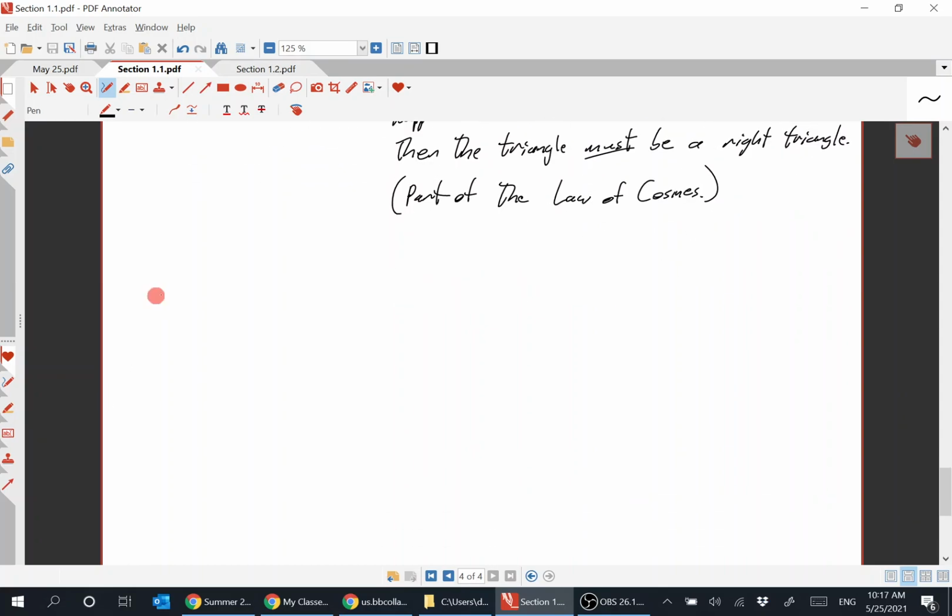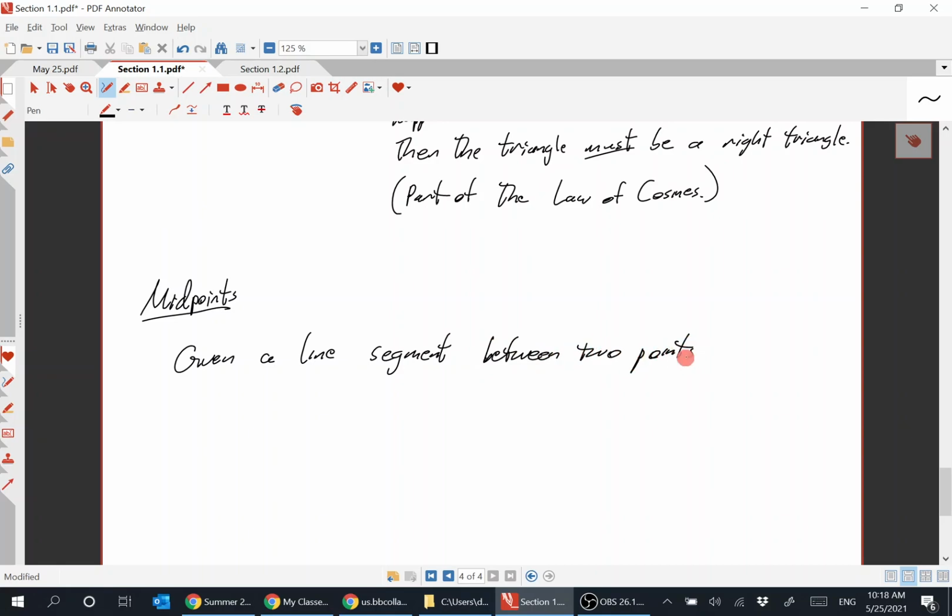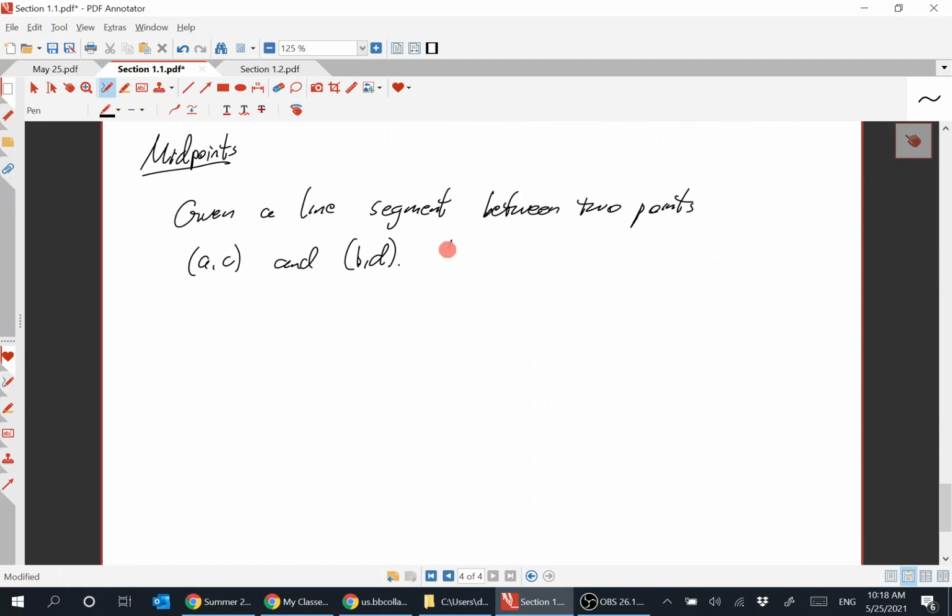All right, midpoints. Given a line segment between 2 points A, C and B, D, the midpoint of the line segment is calculated as follows.